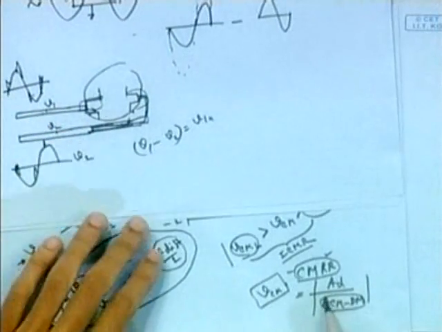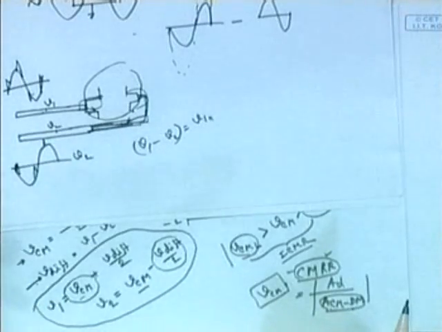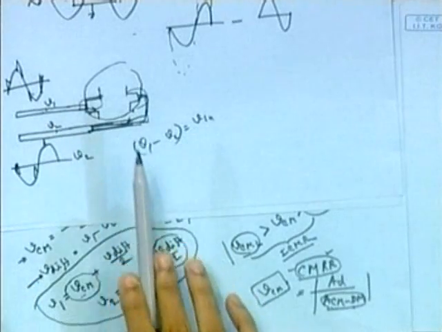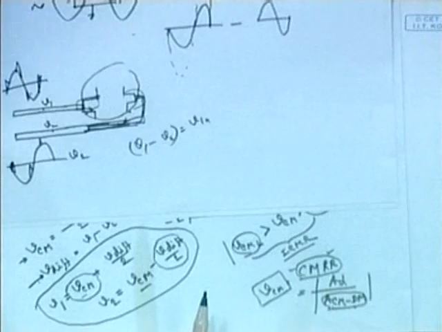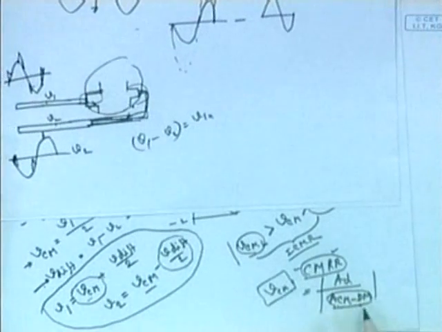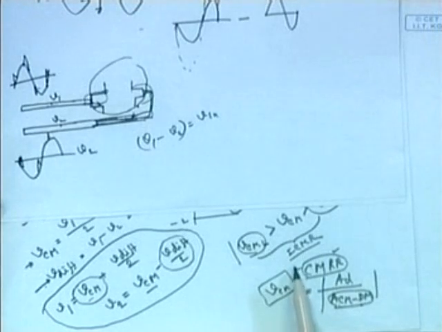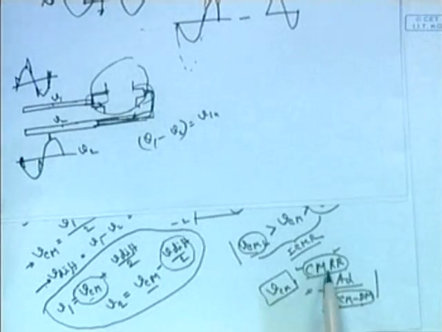If we have some finite value of ACM DM, that noise will appear at our output. So the whole purpose of our diff amp, to reduce the input noise, becomes invalid. So we always want lower ACM DM and higher AD, or in turn we always try to maximize our CMRR. For the ideal case, CMRR is infinite.